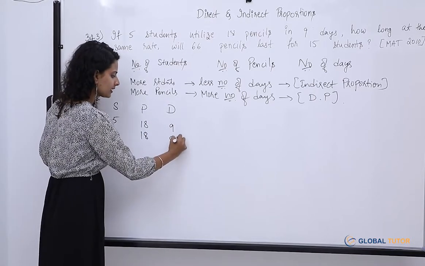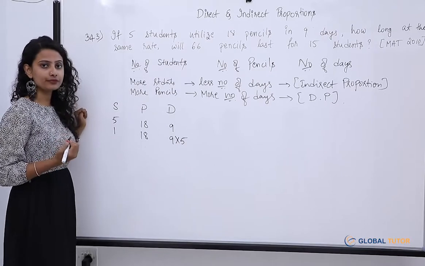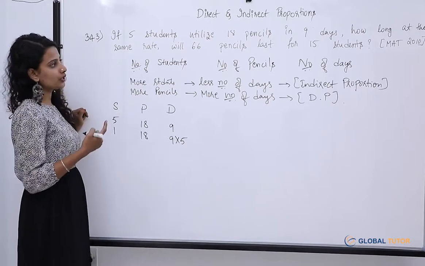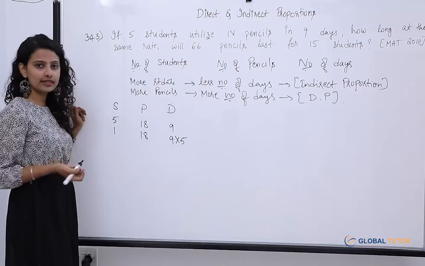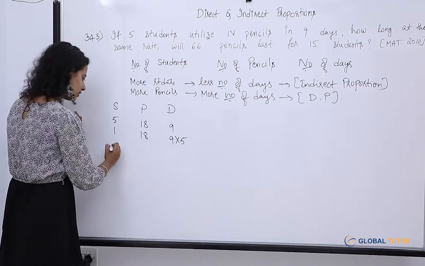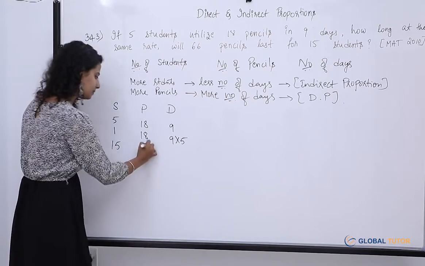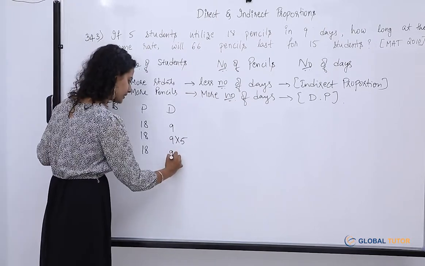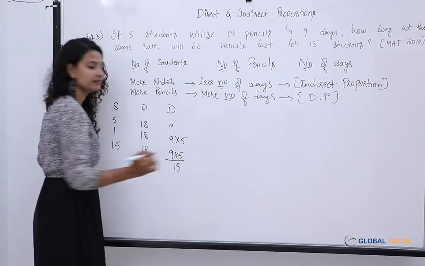Number of days that it can be used will increase. So, that becomes 9 into 5. As per the question, we have to find out for 15 students how long does it last. So, 15 students, 18 pencils, then the number of days will be 9 into 5 divided by 15.